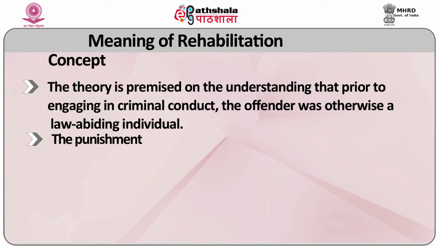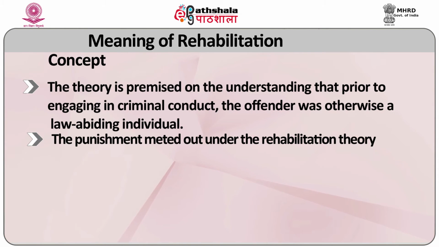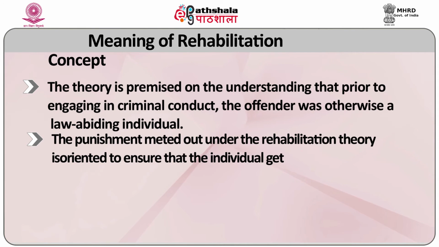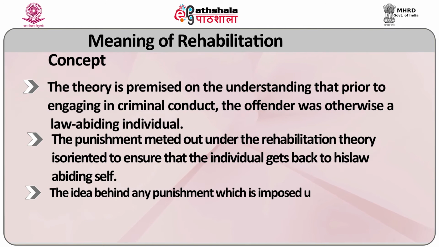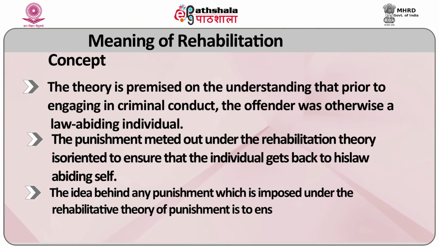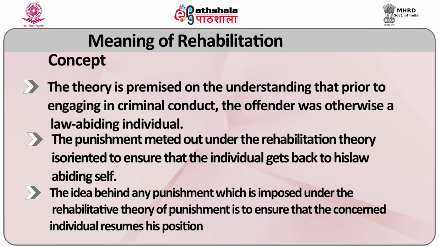The punishment meted out under the rehabilitation theory is oriented to ensure that the individual gets back to his law-abiding self. The idea behind any punishment which is imposed under the rehabilitative theory of punishment is to ensure that the concerned individual resumes his position as a regular member of the society.